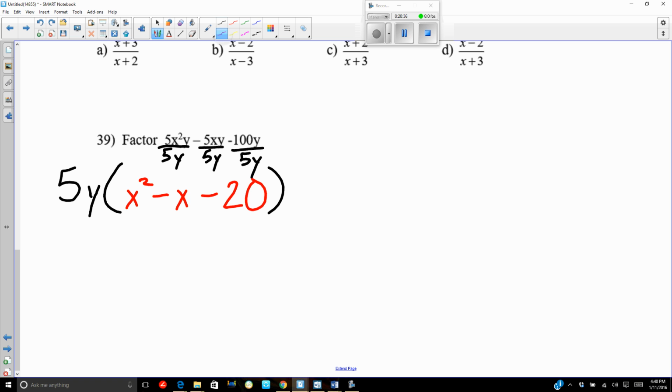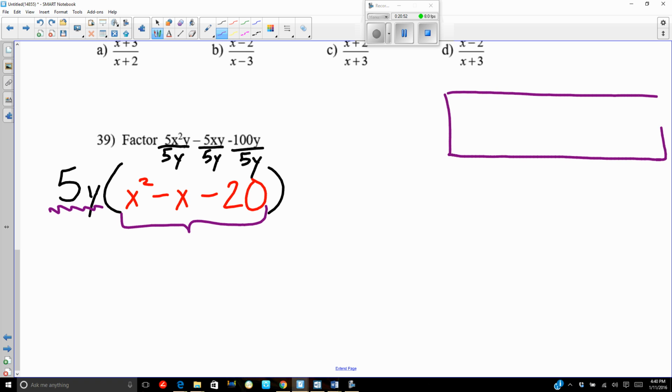However, we can factor x squared minus x minus 20 a step further. So knowing that 5y is one of our factors, that's going to be part of our answer. I'm going to go over here. This is my answer box for this question since they didn't give us one. I'm going to put 5y. It's one of my factors. But now I need to factor x squared minus x minus 20.